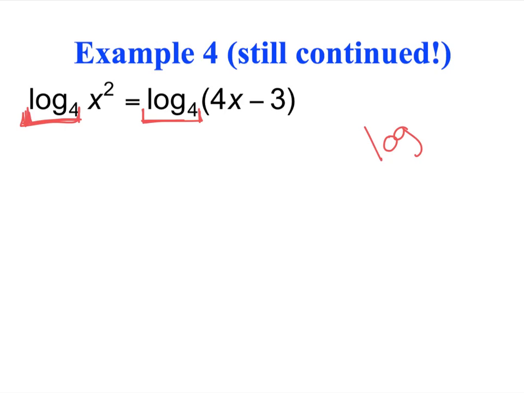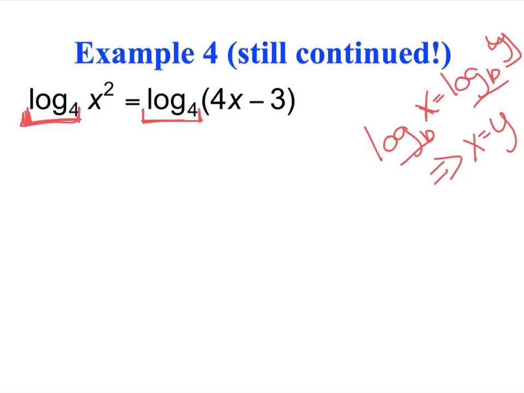It says if you have two logs with the same base like we have, so log base b of x equals log base b of y, then that means x equals y. And similar to if we have b to the x equals b to the y, we have the same bases here, then x equals y.